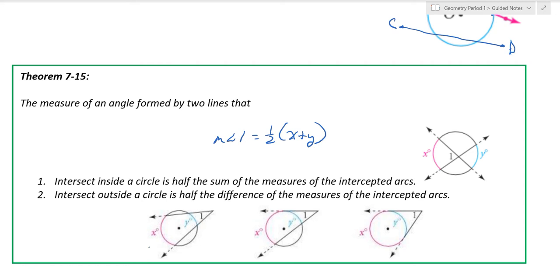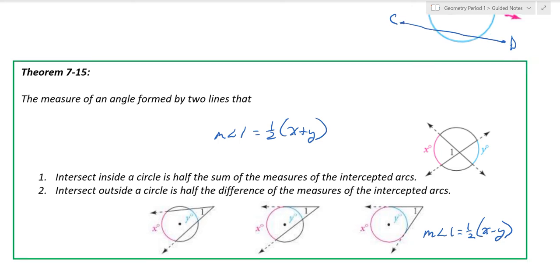So for this particular case, the measure of angle 1 equals 1/2 the difference, x minus y. One easy way to remember which is which: if the angle is inside, you add. If the angle is outside, you subtract. That's the easiest way to remember.